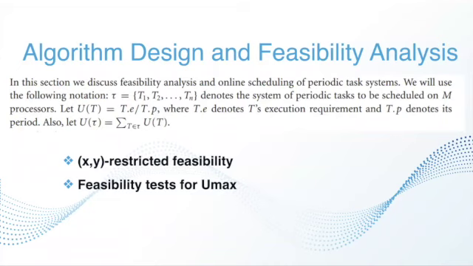Also, let U(tau) equal the summation of U(T) for T belonging to tau. An (X,Y)-restricted feasibility test accepts as input the specifications of tau and M and determines whether some (X,Y)-restricted algorithm can successfully schedule tau upon the M processors.